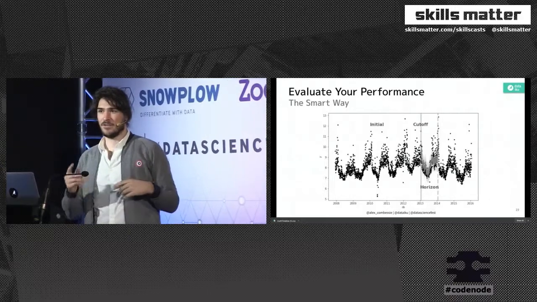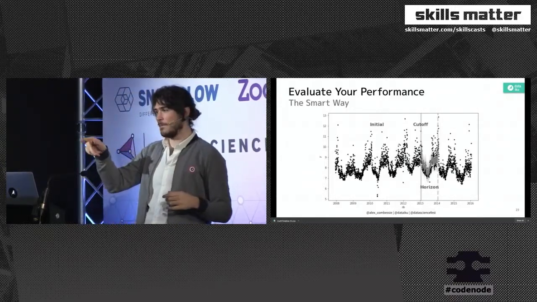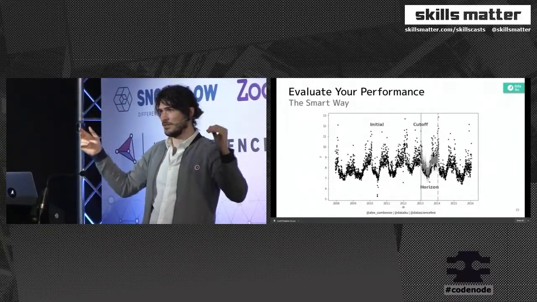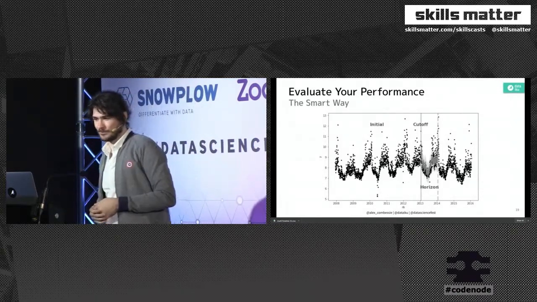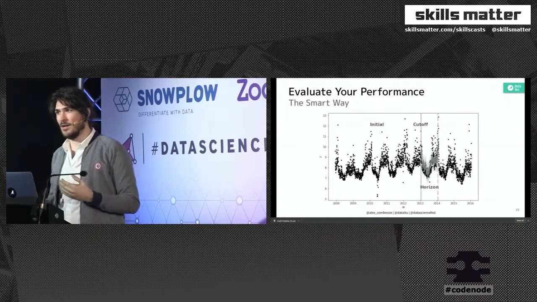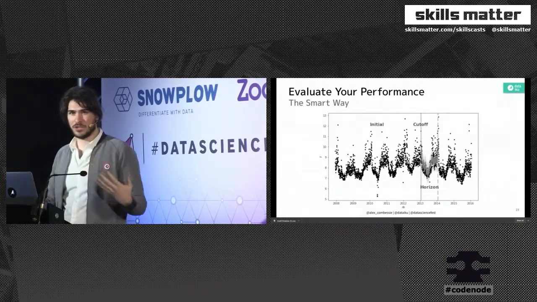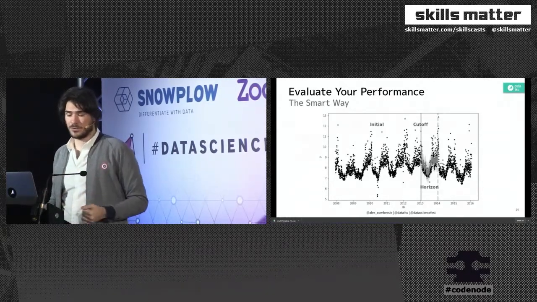And then instead of training at every step, you can have a cutoff period to say, well, retrain every X weeks. You still keep the cross-validation, so the robustness, but it's faster to run.